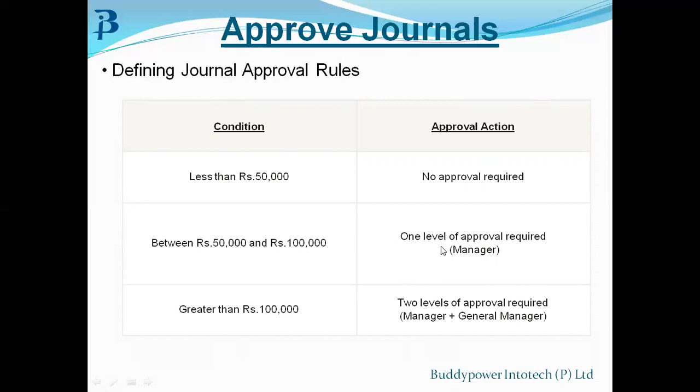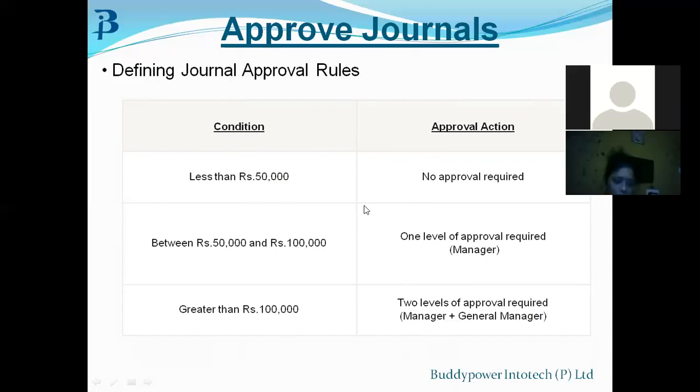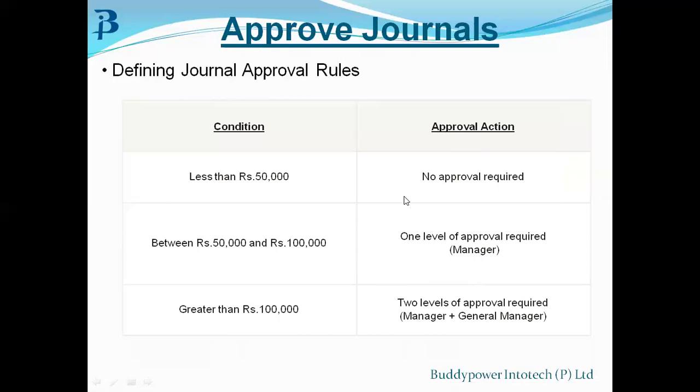He will further forward it to his general manager, who has the authority to approve above rupees 1 lakh. So this is basically the approved journals, wherein you put your criteria sets and the rules, and approval actions are taken accordingly. All right, is everyone clear with what approved journals means?